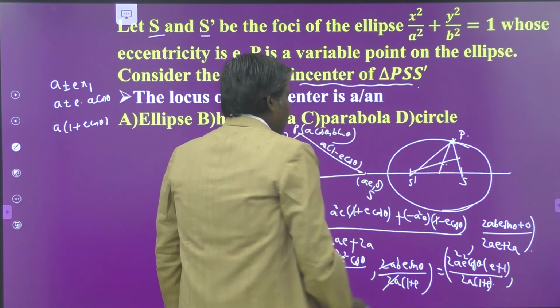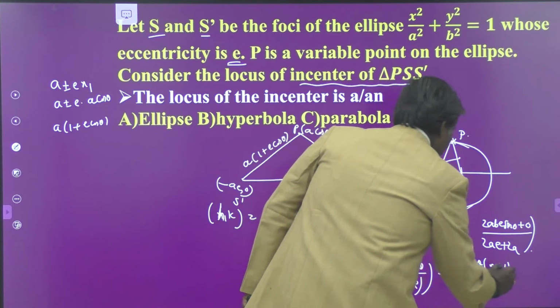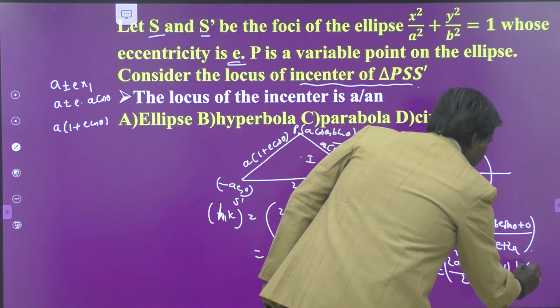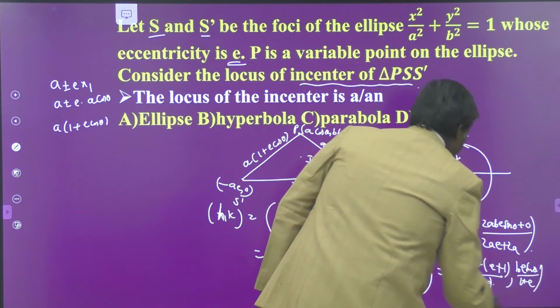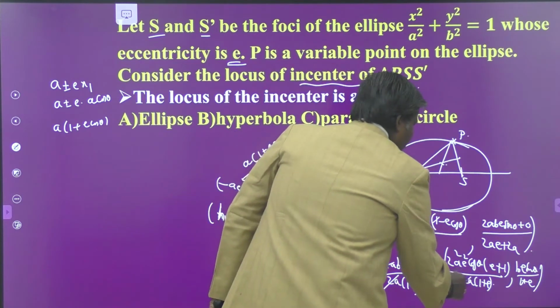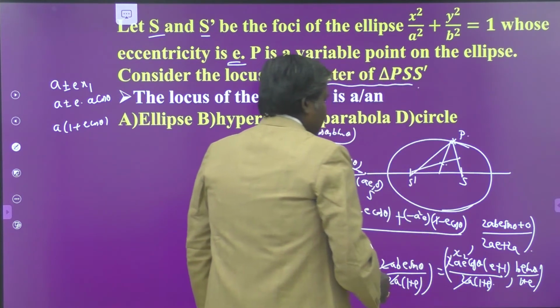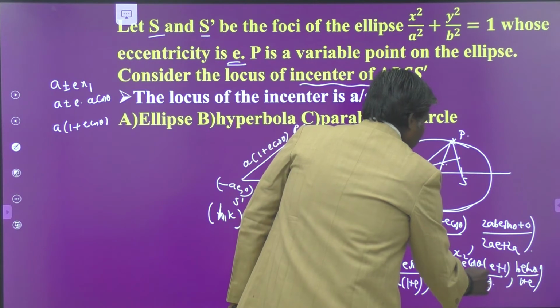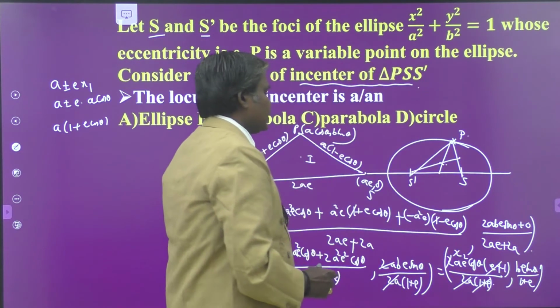Comma, b sin theta by 1 plus e. So 2a here, 2a gets cancelled. Now 1 plus e and 1 plus e also gets cancelled.